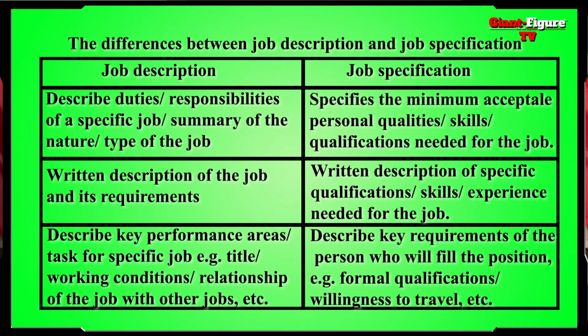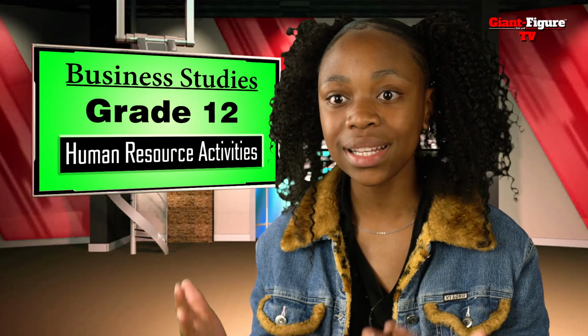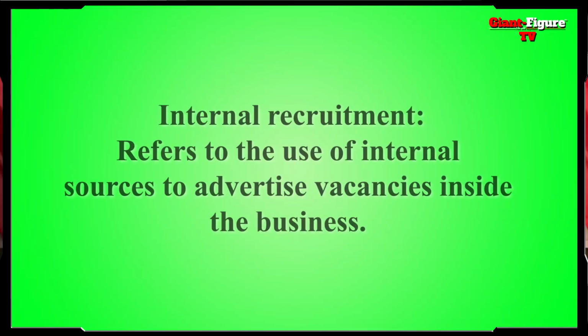So there are methods that are used in recruitment. There is either internal recruitment or external recruitment. With internal recruitment, this is the type of recruitment that happens within the business, which means it refers to the internal sources to advertise vacancies inside the business.